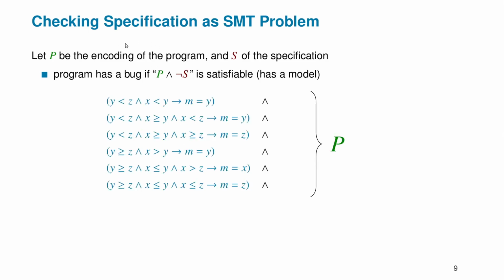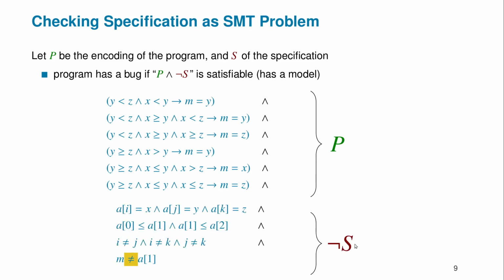And now let's write this down as an SMT formula. So we have the SMT representation of P, we have the SMT representation of S, and we negate this. Here we can use the trick that we do not have to shift the negation completely inside and then swap everything, which we could also do. What we simply do is we say m is different to a1.